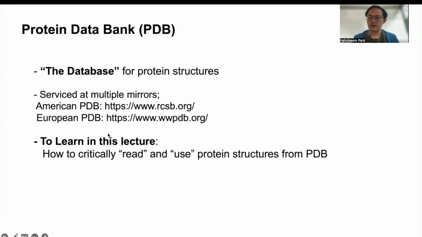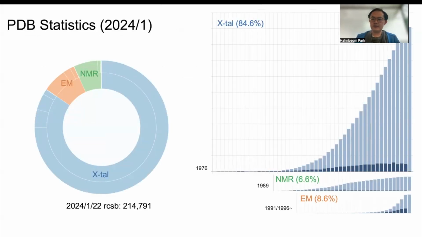And then what we are going to learn in this lecture is how to interpret and use the structure information that is deposited in PDB. Here's the PDB statistics as of the beginning of this year.